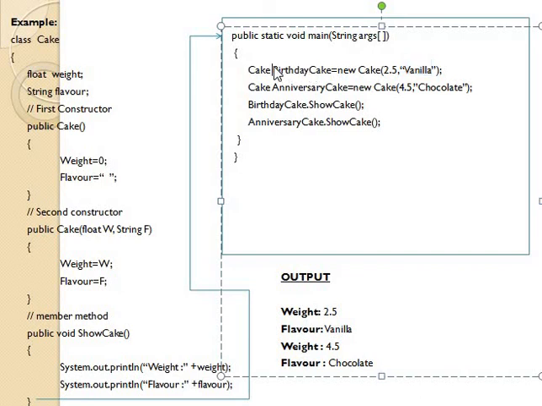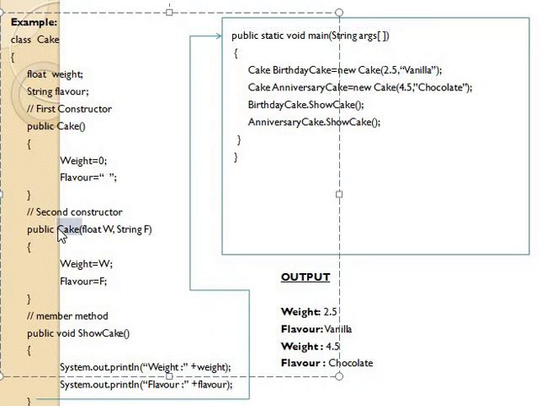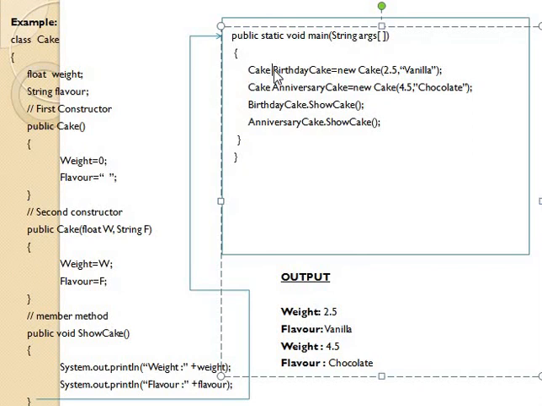This object birthday cake has been created with two arguments, and in the same way this constructor, that is the second constructor cake, also has two arguments, that is w and f. So clearly on the creation of this object called birthday cake, the second constructor shall be called.